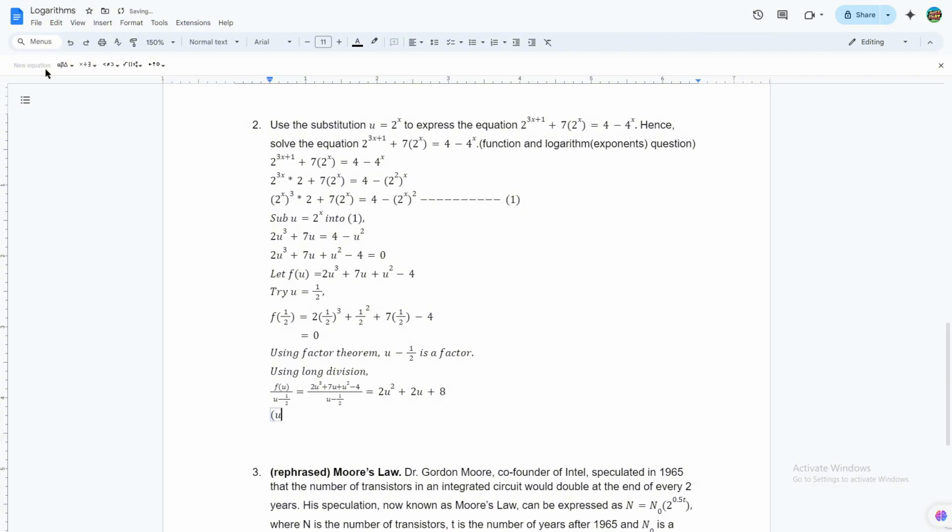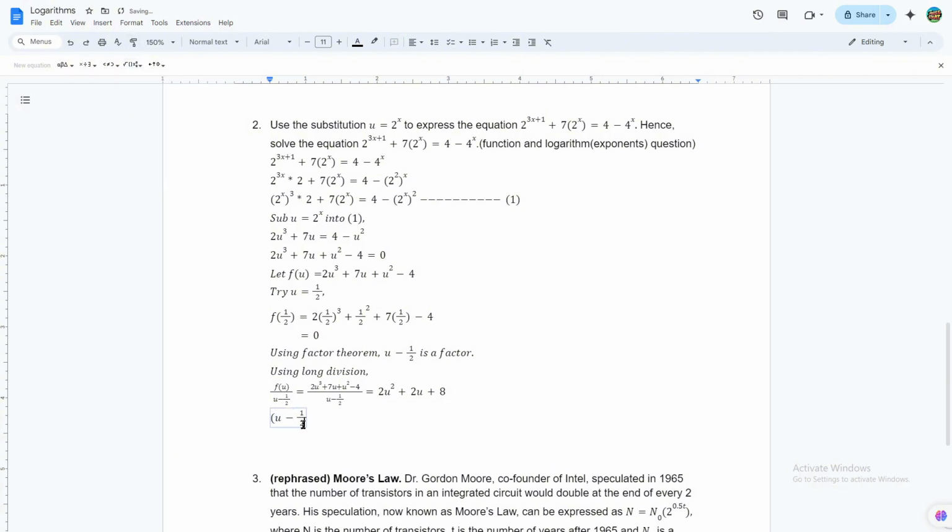So u minus half times 2u to the power of 2 plus 2u plus 8 equals 0.